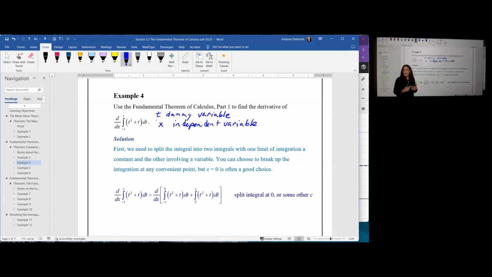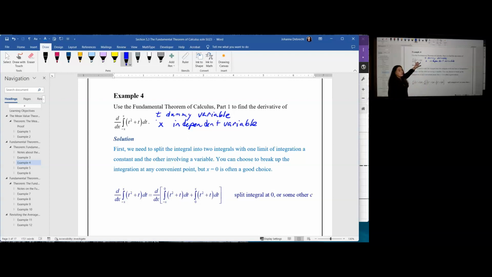In order to be able to find the derivative of this integral, what we have to do is split it into two integrals. The fundamental theorem of calculus part 1 only applies when the lower limit is a constant and the upper limit is an expression involving the independent variable, here x.